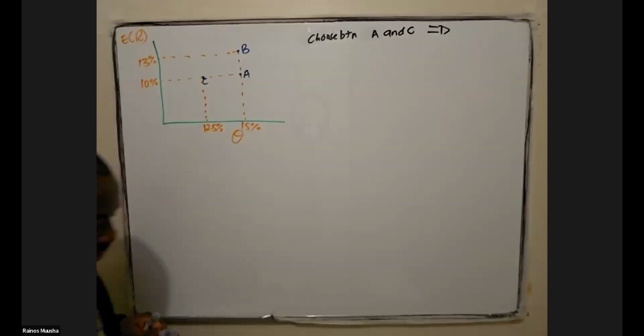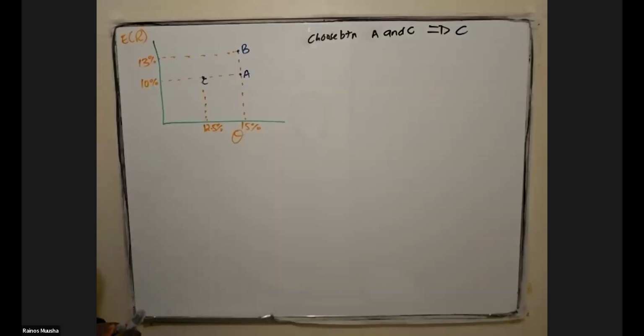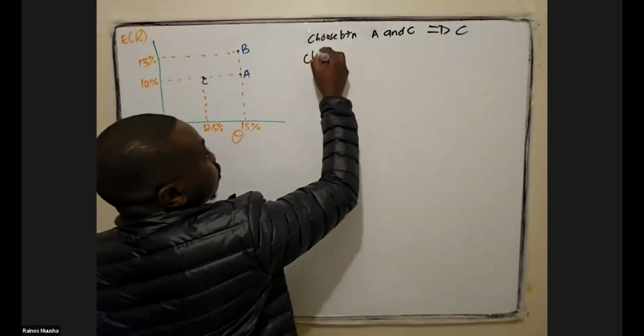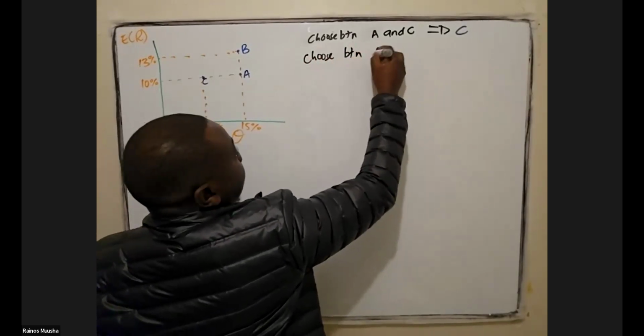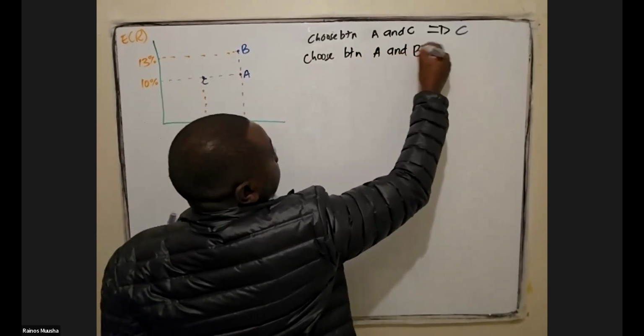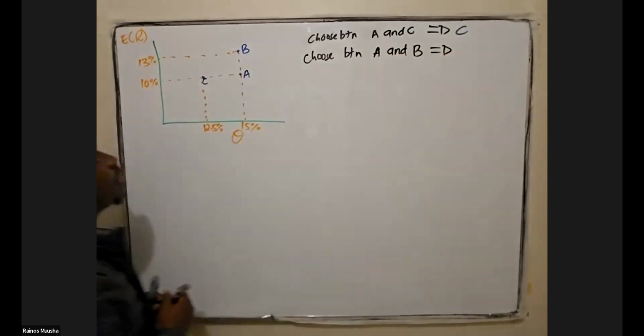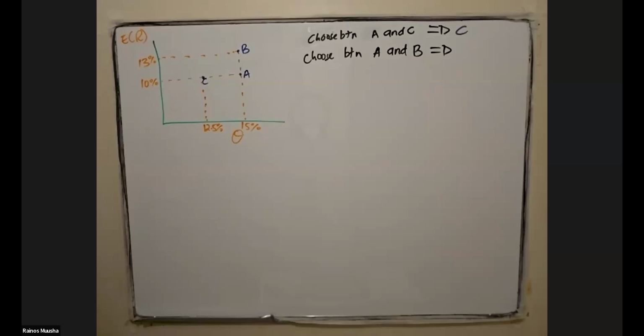C. And why C? I think the standard deviation will be lesser, and lesser for the same return, isn't it? So in this case, yes, one would choose investment C. At the same time, if someone is asked to choose between investment A and B, which investment would one choose?